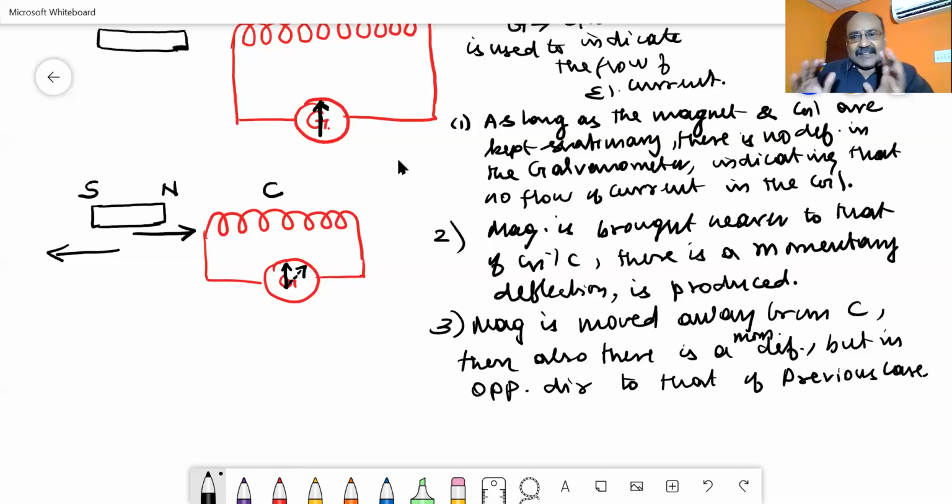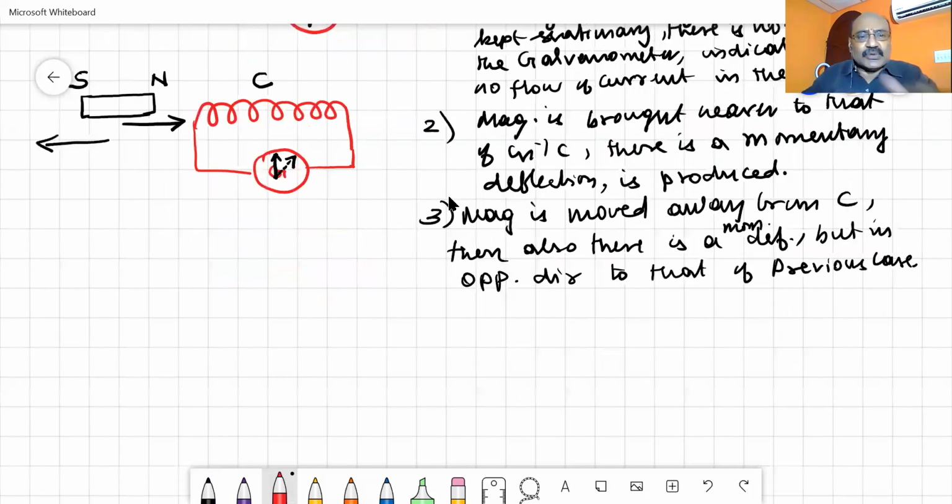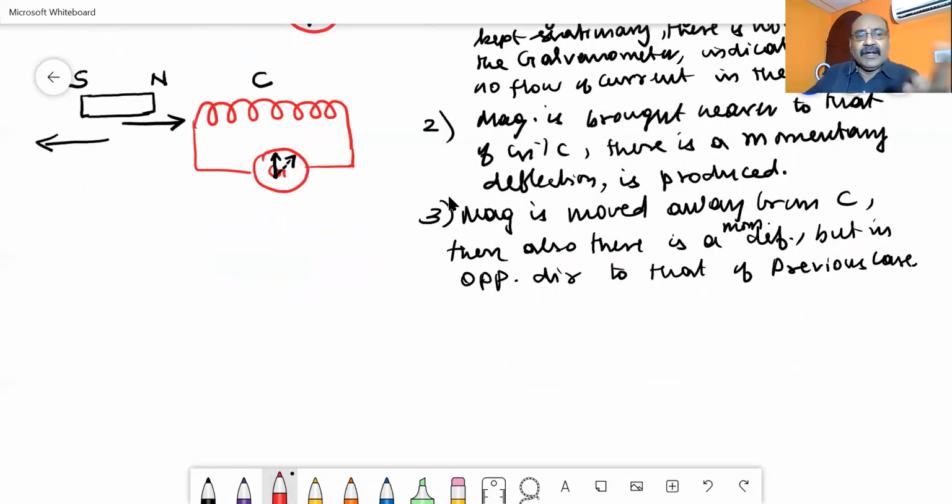This is one set of experiment. Now, again, this experiment can be repeated. How? Instead of keeping the north pole nearer to the coil, you turn the magnet. See, you are having this coil here.